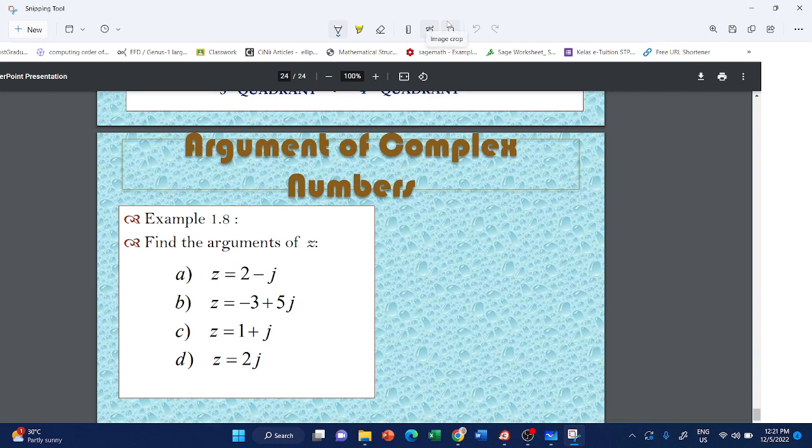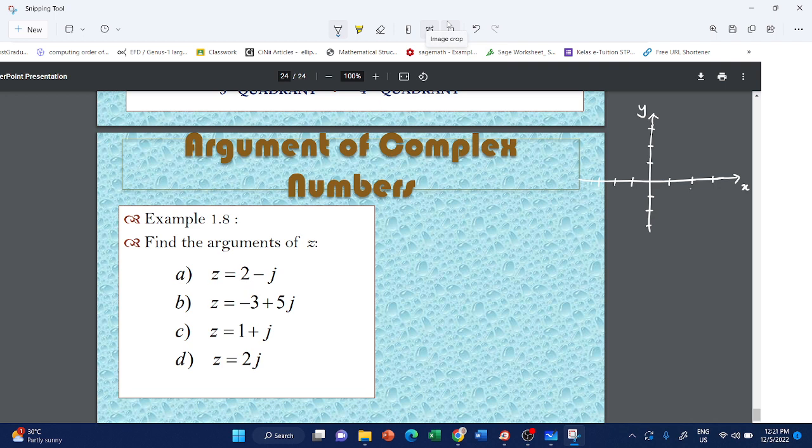For A, so see here, x is 2, y is negative 1.